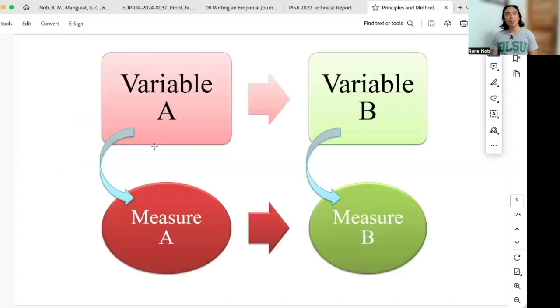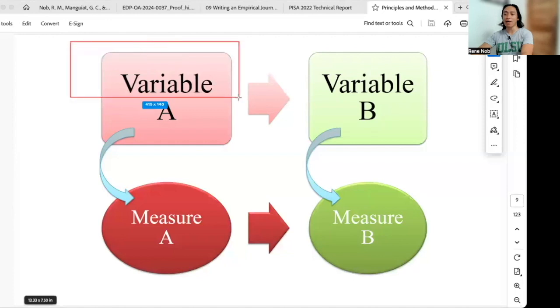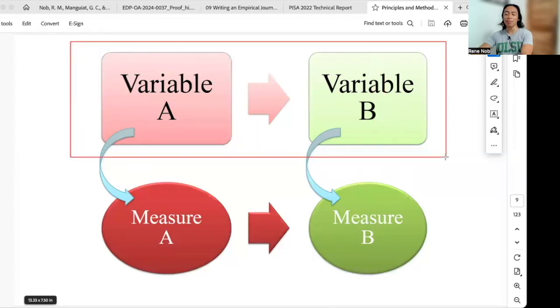And this becomes very important because scales are often used in research. When we conceptualize a simple model in research, for example, we hypothesized that variable A predicts variable B, we really can't analyze the relationship of variable A and variable B directly. But we can do so in an indirect manner with the aid of measurement.